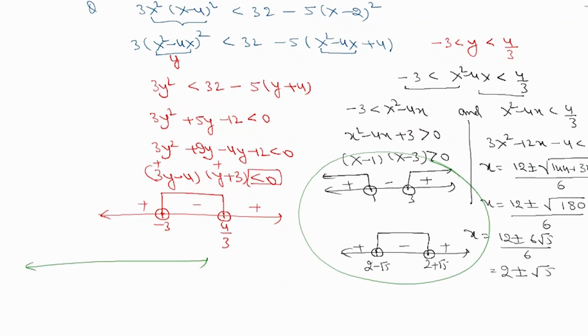So the first one says x is less than 1 or x is greater than 3, and the second one says it should lie between 2 minus root 5 to 2 plus under root 5.